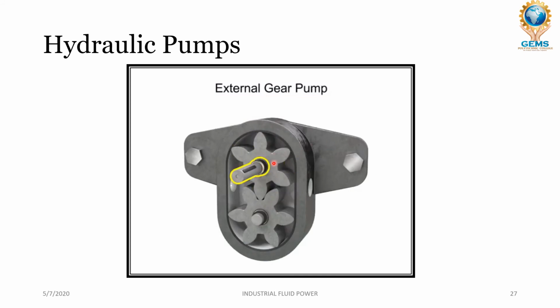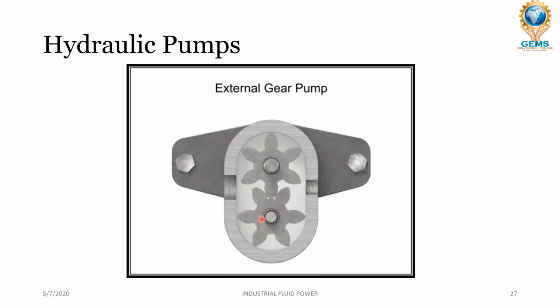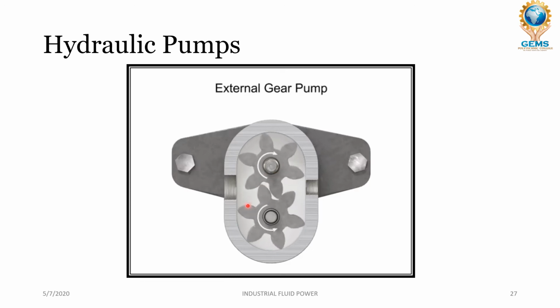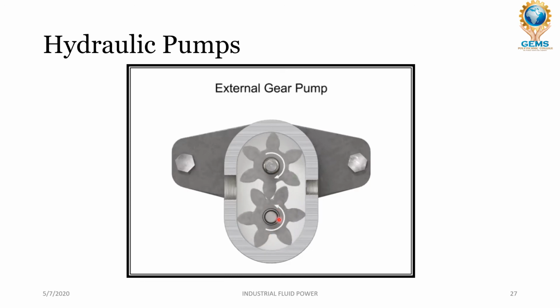One is the driver gear, which is connected with the shaft, and it is connected with the motor, and this is the driven gear. When the driver gear is rotating, it also starts rotating the driven gear.